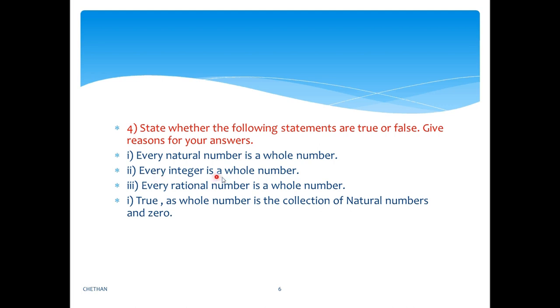So the second statement is false, because negative integers are not whole numbers. In integers we have negative integers, but in whole numbers we have only positive numbers and 0.